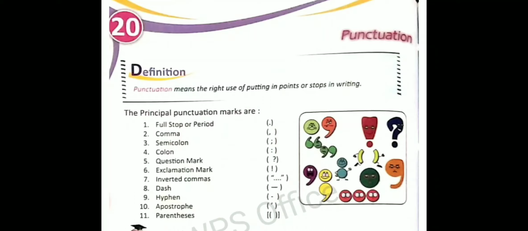Now, some of the principal punctuation marks are given here. So, 11 punctuation marks are here. The first, full stop or period. The second, comma. Third, semicolon. Fourth, colon.